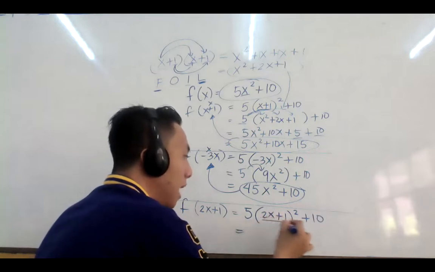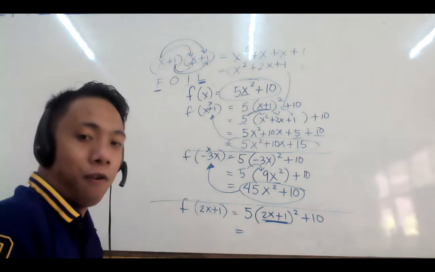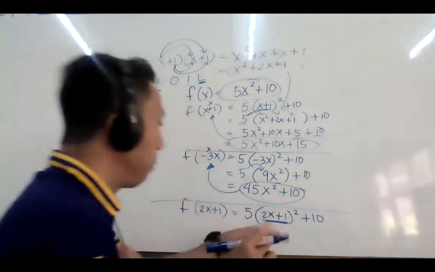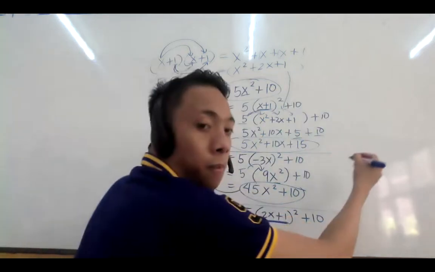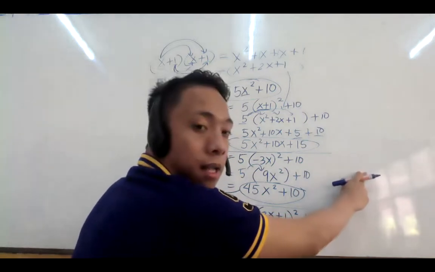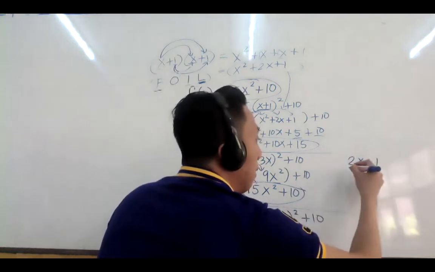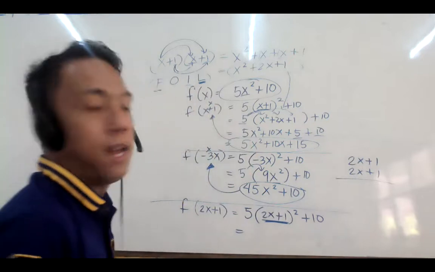We have here again a binomial, so we will do the FOIL method. Another way to multiply this one, other than the FOIL method, can you see it here? So 2x plus 1 times 2x plus 1. Ito yung ibang paraan, ha?